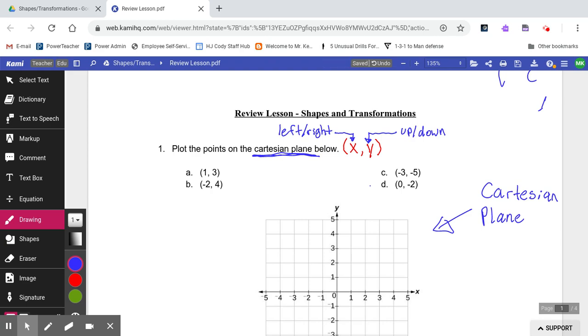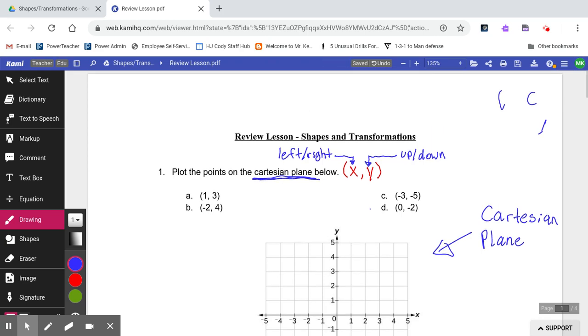Okay, just some simple reminders here. Negative numbers go left and down.